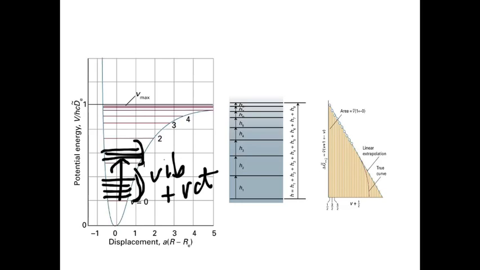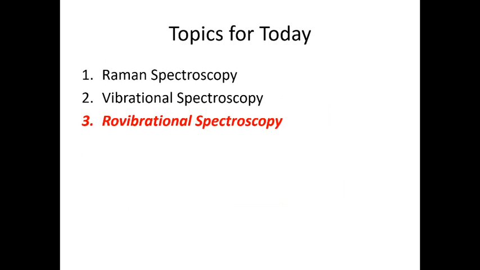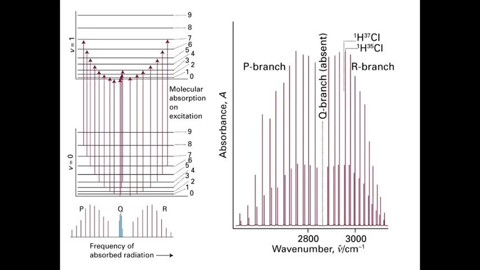The spacing between rotational levels is less than between vibrational levels. As you go from one vibration to another, you can also go from one rotational level to another. That's what we want to look at next, rotational vibrational spectroscopy. Okay? So here we go.